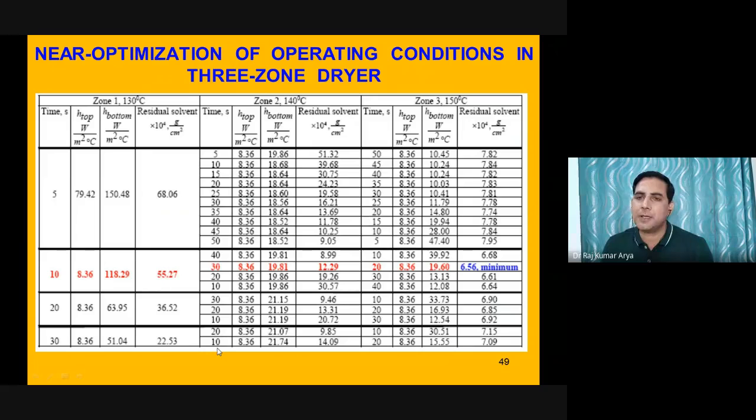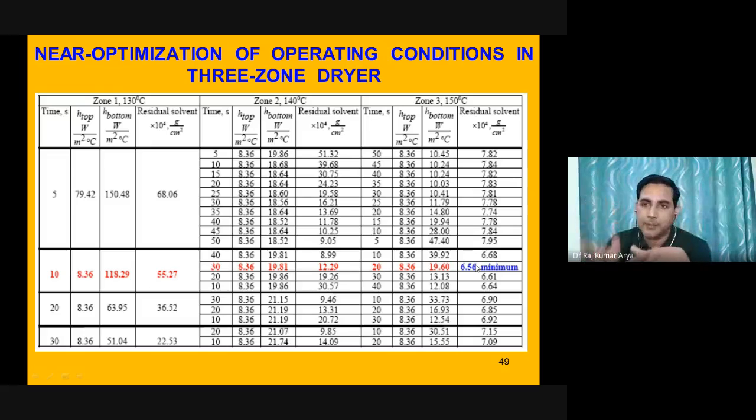Now for 3 zones, as I was saying, for each zone you have 2 parameters: a time and a heat transfer coefficient. So you have to manage the two. If you see the last column, the heat transfer coefficient and residual solvent here is 7.82 when the first zone is 5 seconds. And if the first zone is 10 seconds, you have 6.5. Then 20 seconds, then 30 seconds.